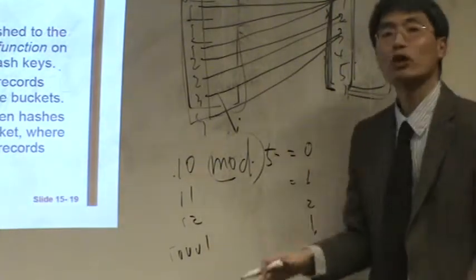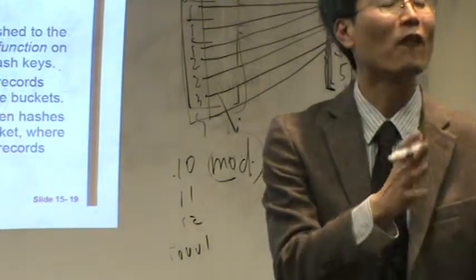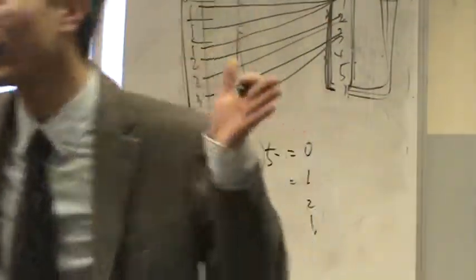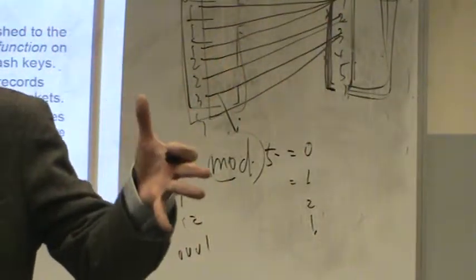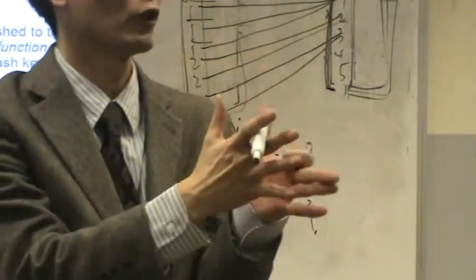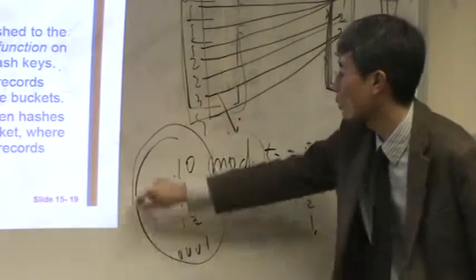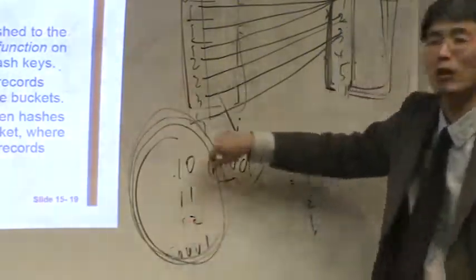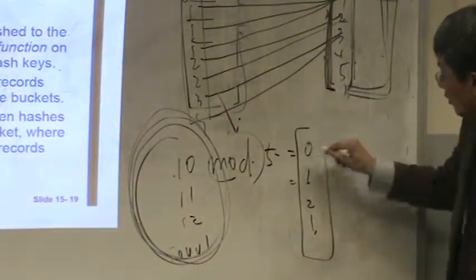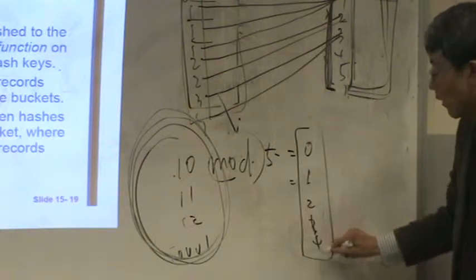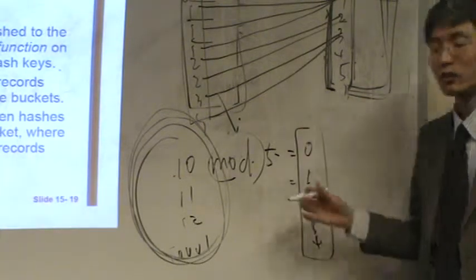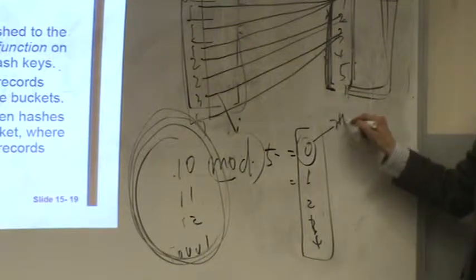A hash function makes very complicated data simple. So no matter how big the number is, it will be 0, 1, 2, 3, or 4, one of these. Each one is called a hash key.